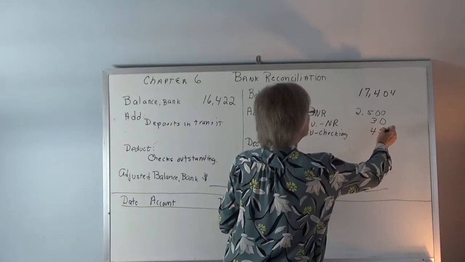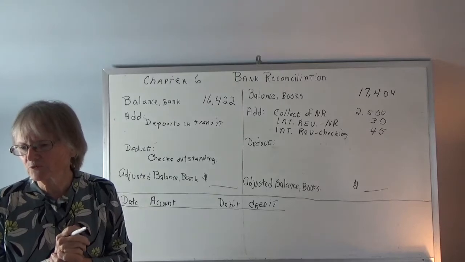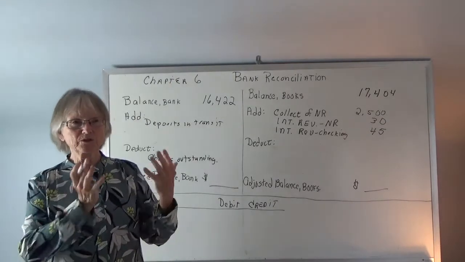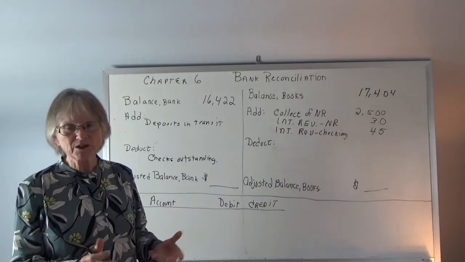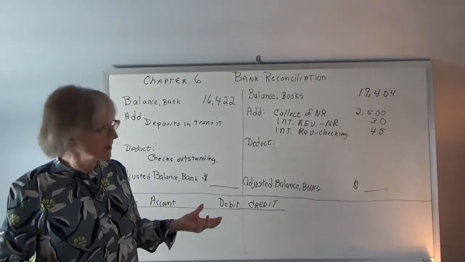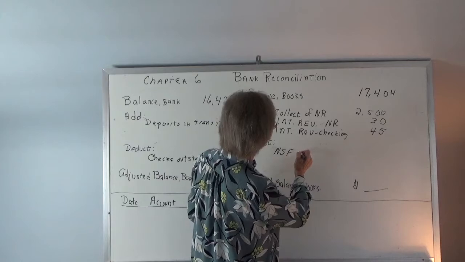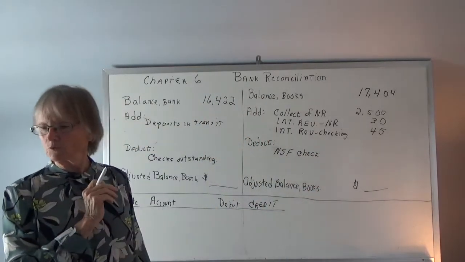Then we come down to other things. Let's see, there was a non-sufficient funds check from one of our customers. Well, this is money that we put in our deposit. We thought we had that money, but we don't because the customer didn't have the money in their account. So we're going to have to take that off. So we got a non-sufficient funds check, a bounce check for $475.